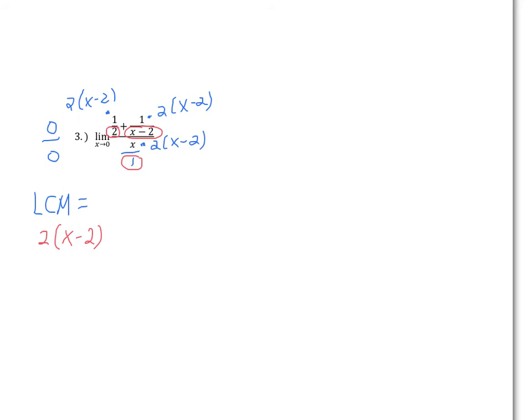Now we'll notice that several things will divide each other out. So this 2 will cancel out with that 2. This x minus 2 here will cancel out with that x minus 2. Nothing will cancel on the bottom. So let's look at what we have remaining. We have the limit as x approaches 0. Our first term here, we have an x minus 2 left.